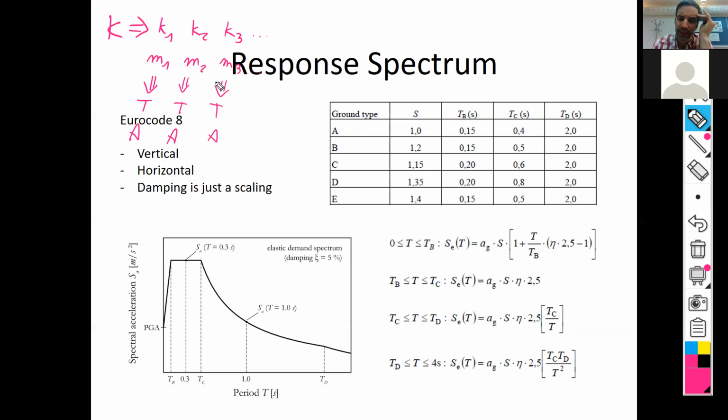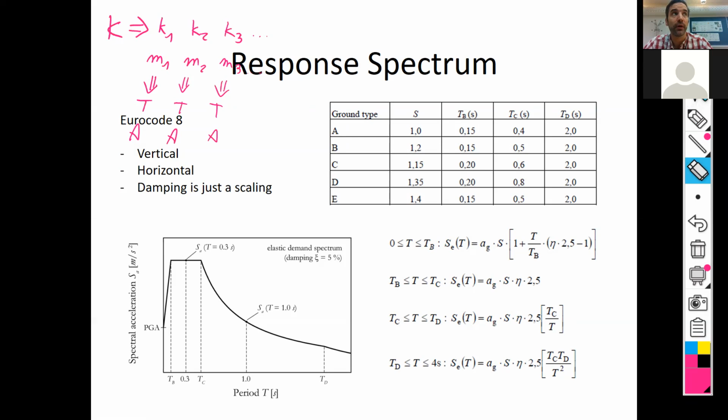How do we find the modal damping ratio? The answer is nobody knows. There are hundreds of theories about the modal damping ratio and things that you can do to measure it if you have a structure. But normally, at least for bridges, which is the area in which I work, it's given by the norm.